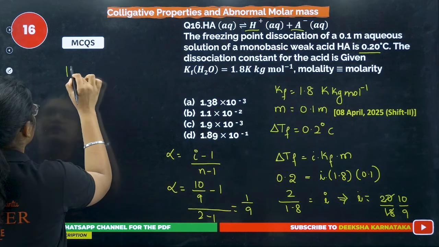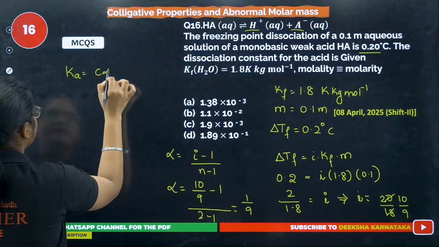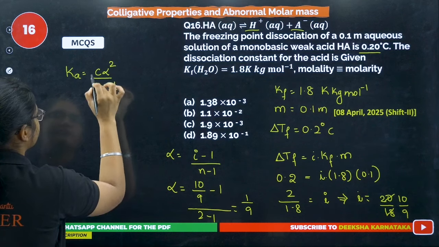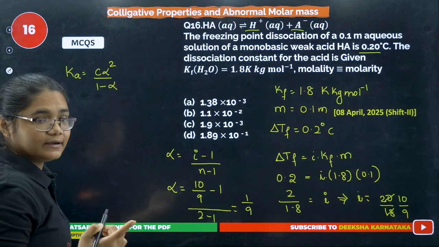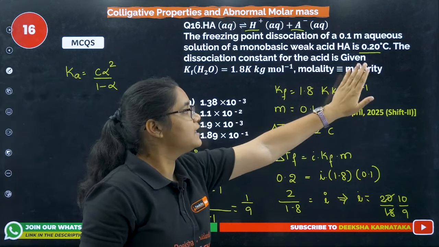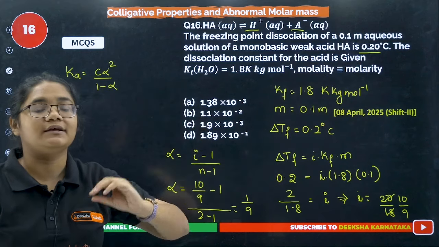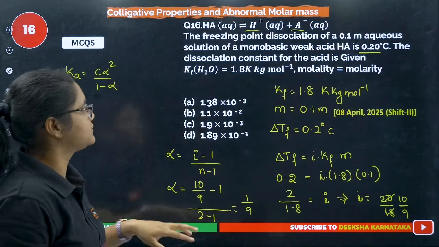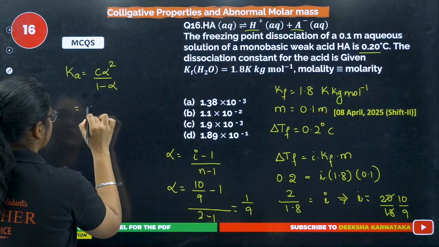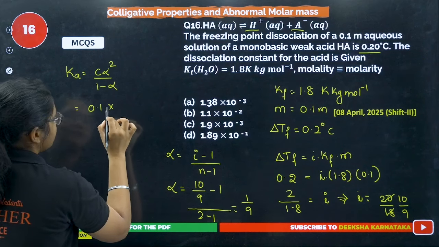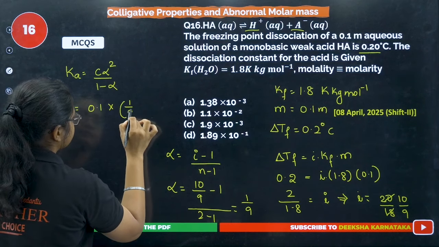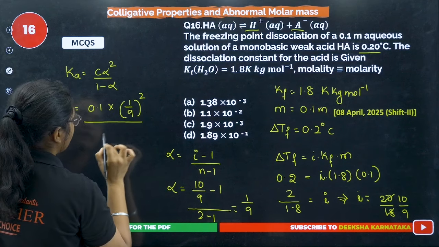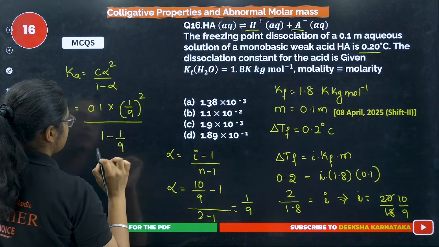Next I have Ka formula here, C alpha square by 1 minus alpha. Now this C is actually molarity, but in the question it is given to us that molality and molarity can be considered equivalent. So I can substitute the molarity value, that is 0.1 into alpha square, that is 1 by 9 square, whole divided by 1 minus 1 by 9.